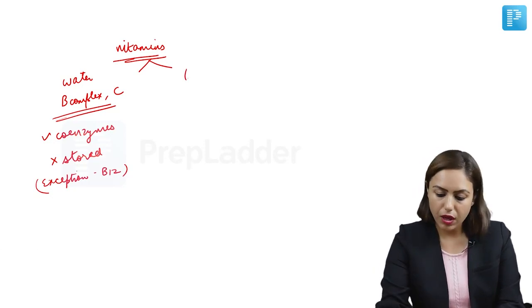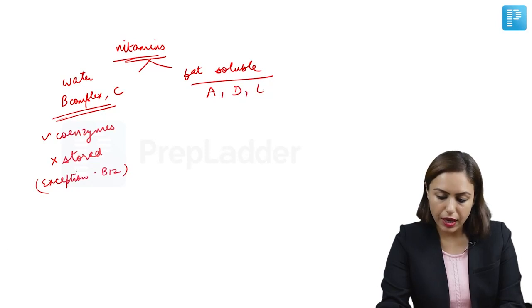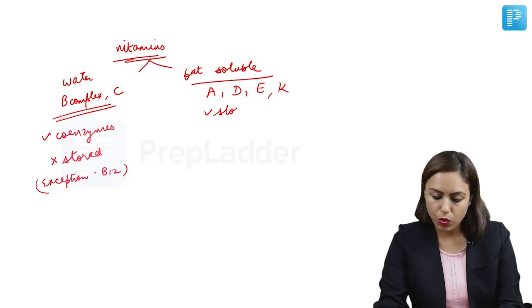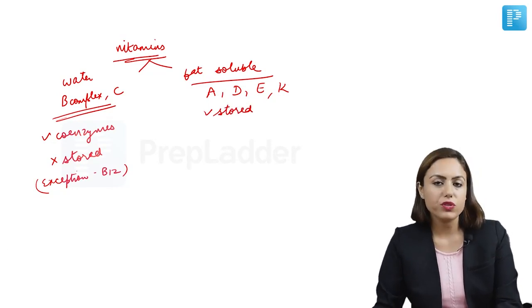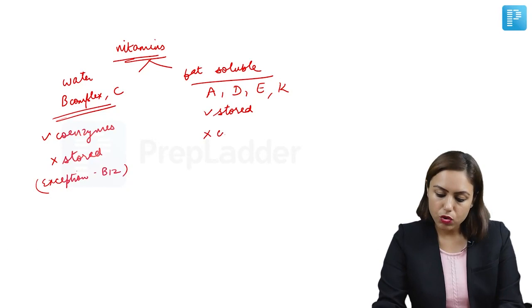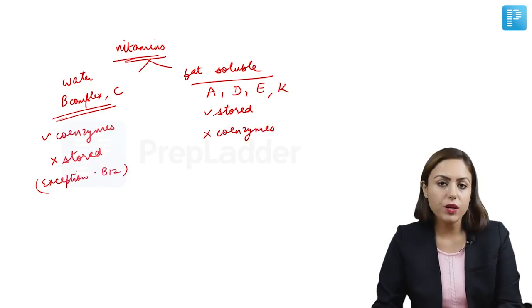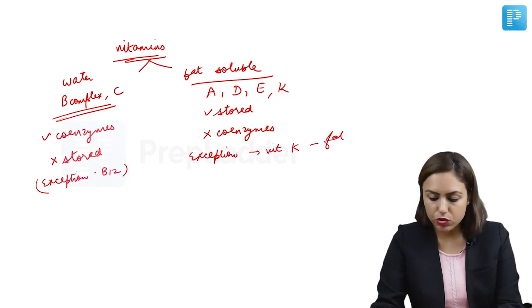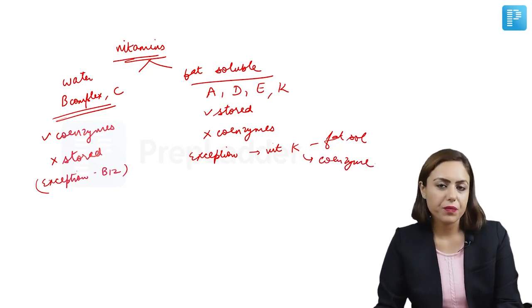Now, on the other hand, we have fat-soluble vitamins, that is vitamin A, D, E and K. Usually, they are stored in the body, so they can have toxic effects also if taken in excess. And they don't usually act as coenzymes, but one exception, vitamin K is that fat soluble vitamin which acts as coenzyme in the body, right?